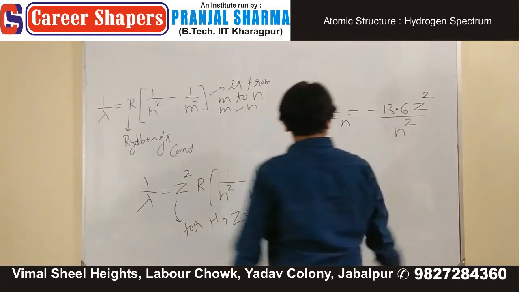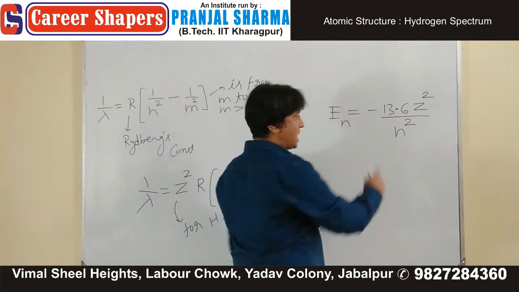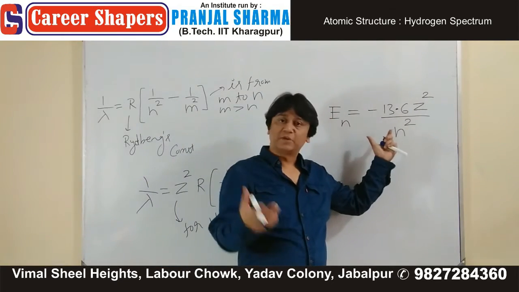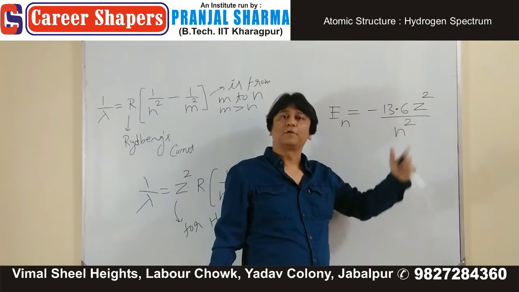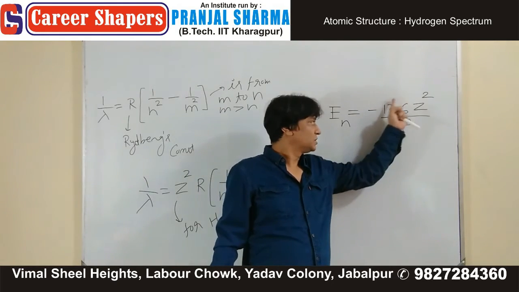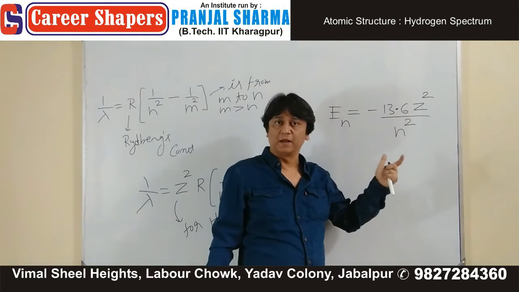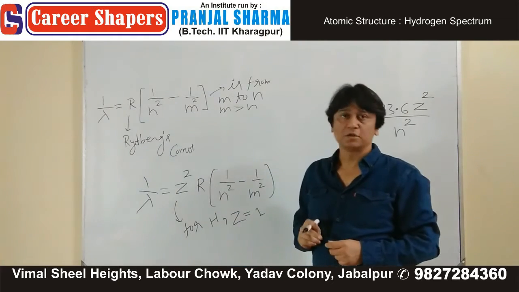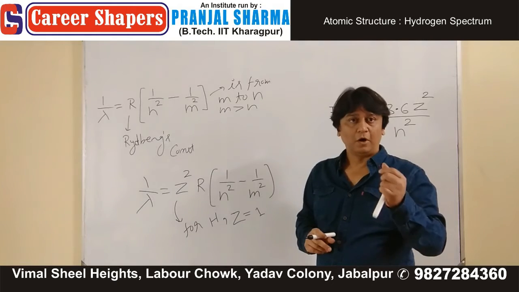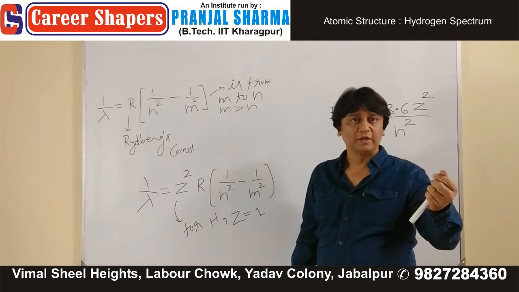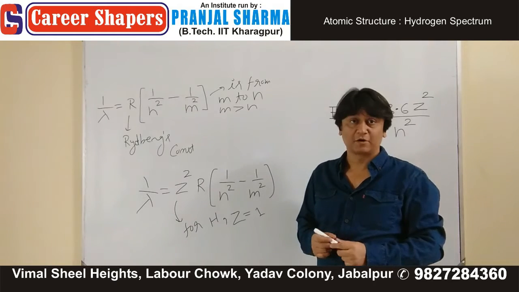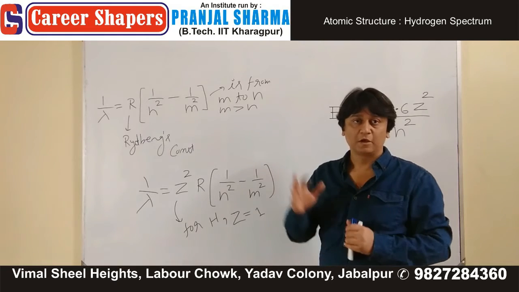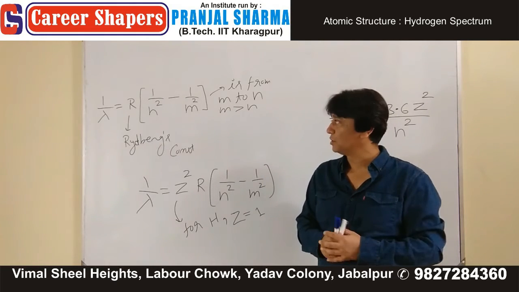So, En we have found minus 13.6 Z square upon n square. What I am saying is, see your notes, or if you can figure out yourself, then what this 13.6 was basically. I'm asking R, Rydberg's constant, in terms of all these things: mass of electron, charge of electron, Planck's constant, permittivity. If you remember the terms like K, Q1, Q2 upon R square, 1 upon 4 pi epsilon 0.